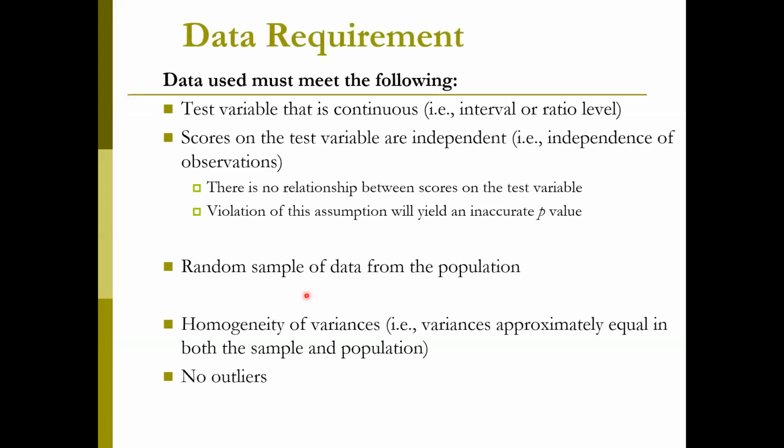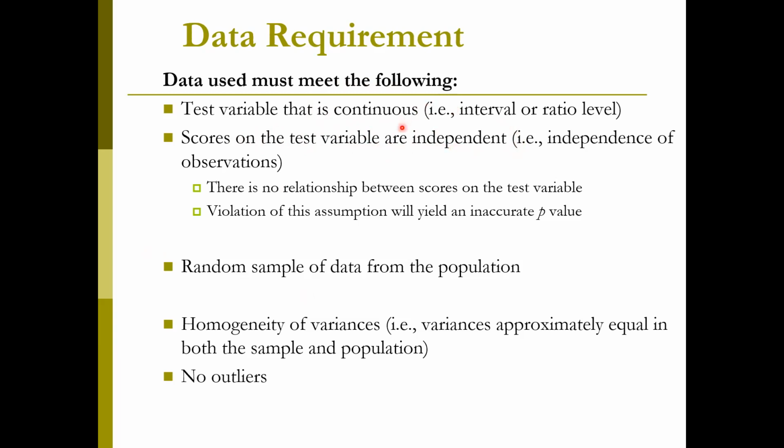Now, what are the data requirements? In order to conduct such a study, the first thing you must do is make sure the data meet the following. The test variable should be continuous. The variable for which we are comparing should be continuous. The scores on the test variable are independent.